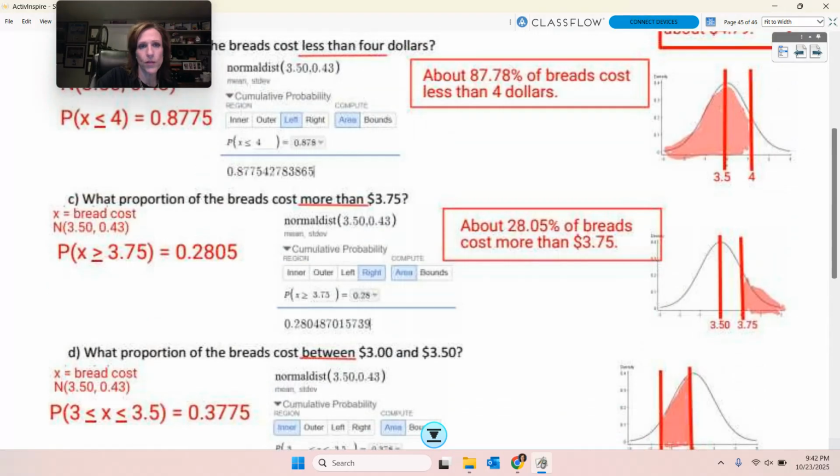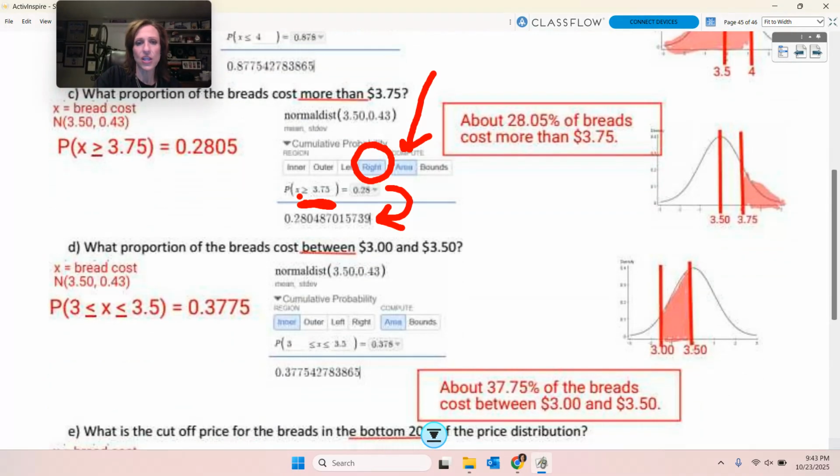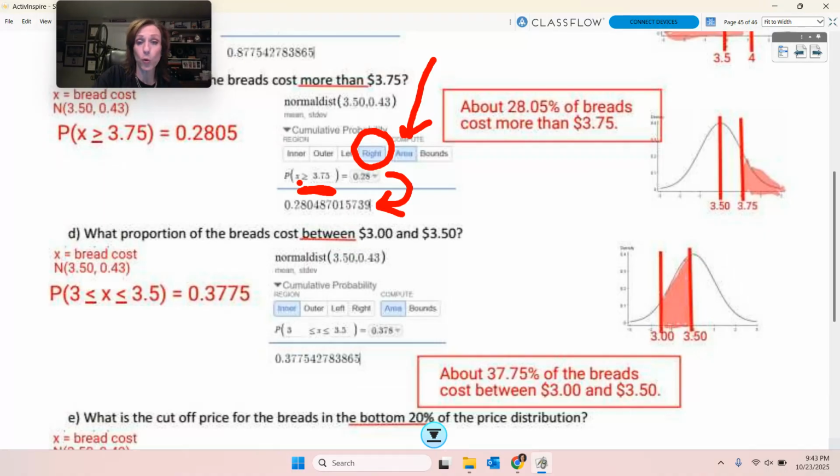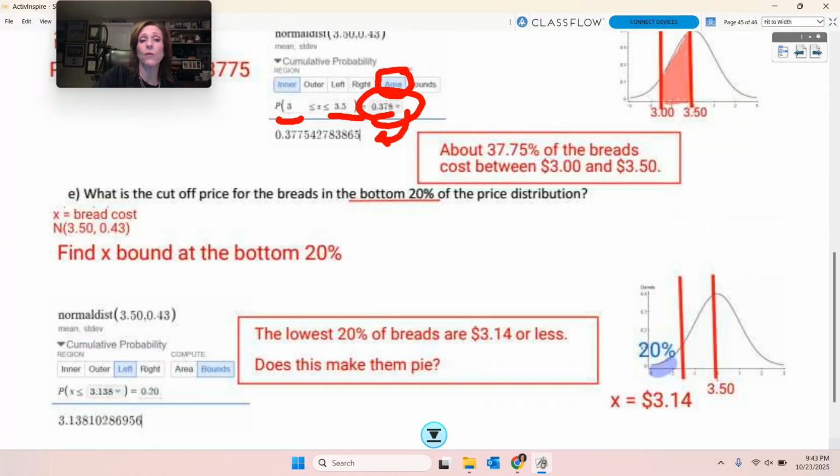Here again was finding the proportion, so that is finding an area above 3.75, which gives me 28.05%. The next one is a proportion too, the area in between 3 and 3.5, which is 37.75%.